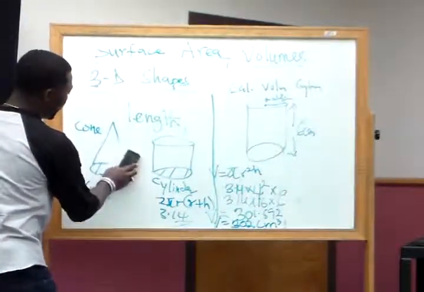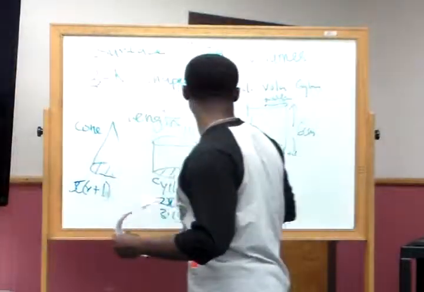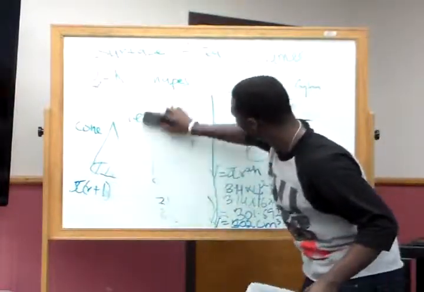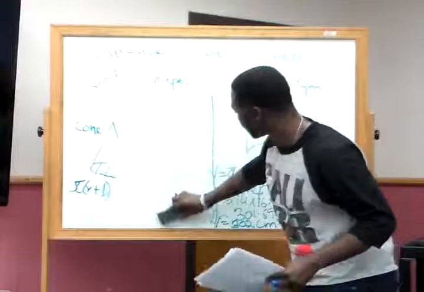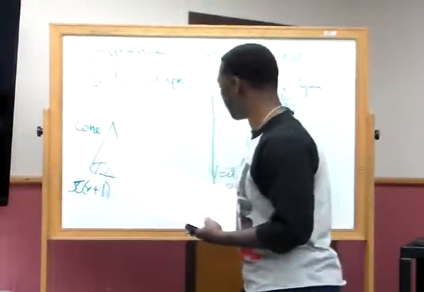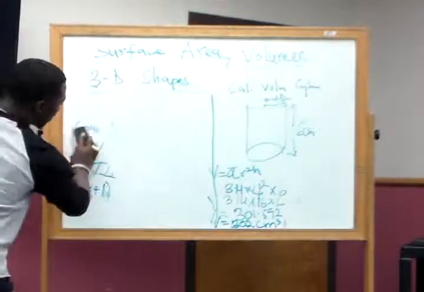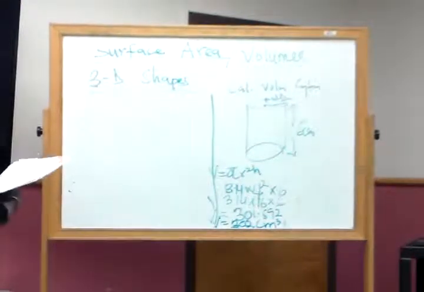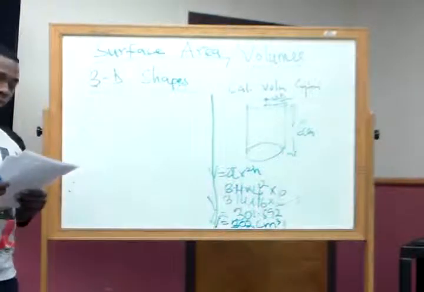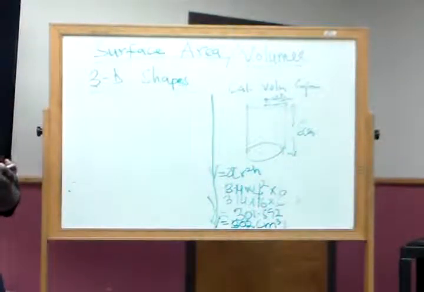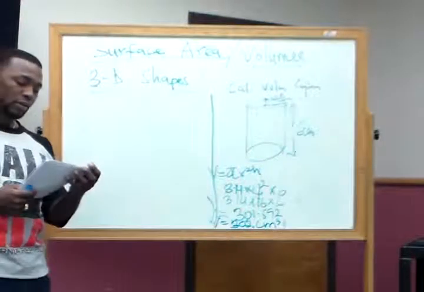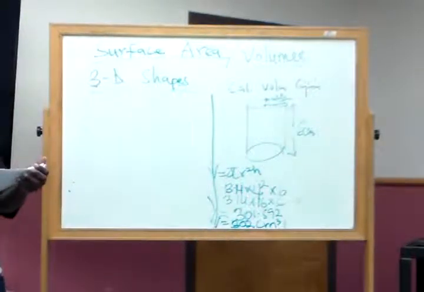Problem number 2. This time we are going to talk about the cone, finding the surface area of the cone or finding the volume of the cone. Problem number 2 says a triangle with sides 3 centimeters, 4 centimeters, and 5 centimeters is rotated about the side of 3 centimeters to form a cone.